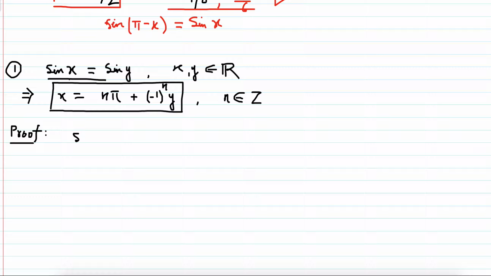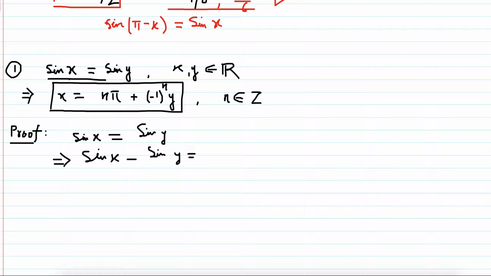So we are given sin x is equal to sin y. So this we are given. We will bring sin y to the left hand side and we can write sin x minus sin y is equal to 0.